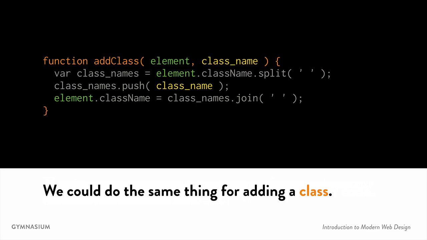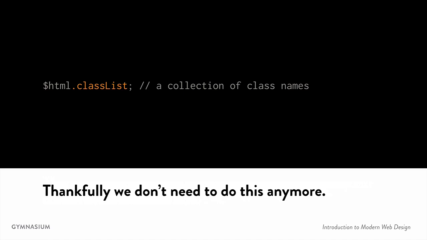Now, JavaScript is continuing to evolve just like CSS and HTML are, and in newer versions of JavaScript and more modern browsers, we actually have a full API to do all of this stuff natively, and we don't even have to write those functions. It's a lot easier. And the way that it does this is via the classList API. Now the classList is a collection of the class names assigned to that particular HTML element.